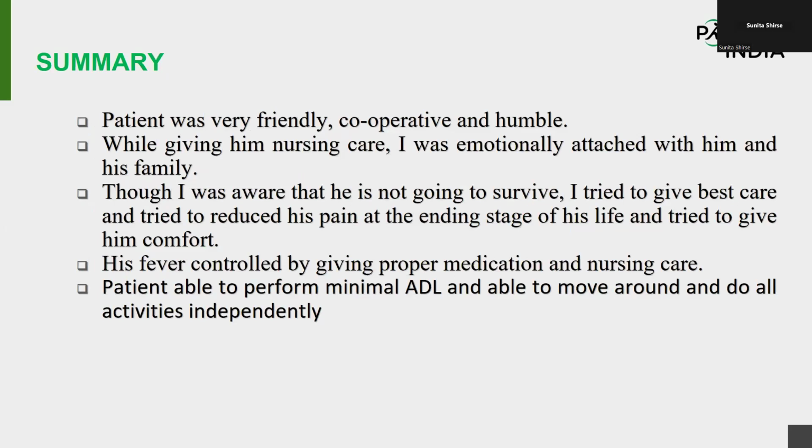So I was aware that he is not going to survive. I tried to give the best care and tried to reduce his pain at the end stage of his life and tried to give him comfort. His fever was controlled by proper medication and nursing care. Patient able to perform minimal ADL and able to move around and do all activities independently.